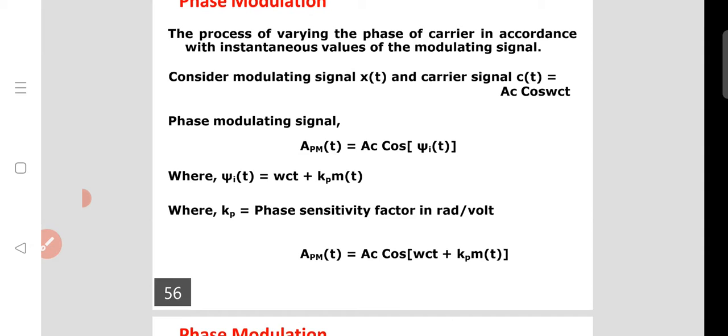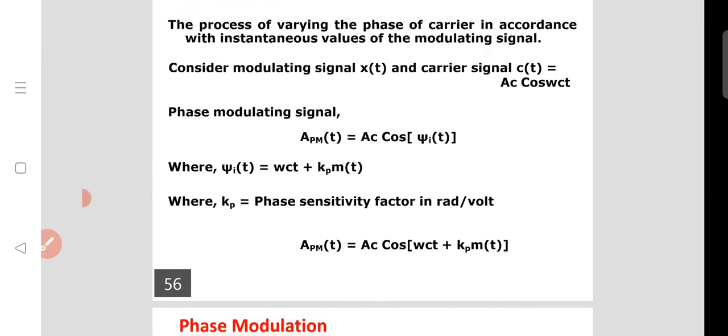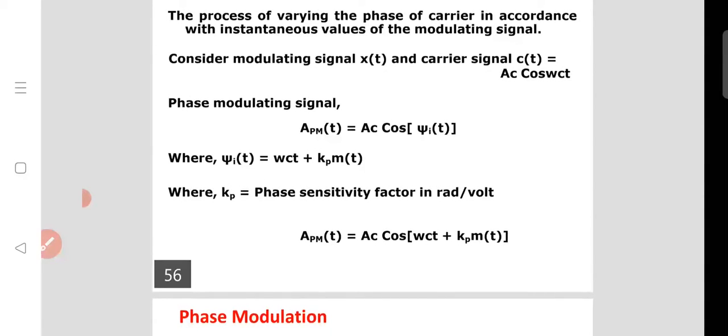Okay, so modulating signal x of t and carrier signal c of t. So carrier signal is Ac cos omega ct plus pi. So the phase modulated signal is Ac cos of psi of t.